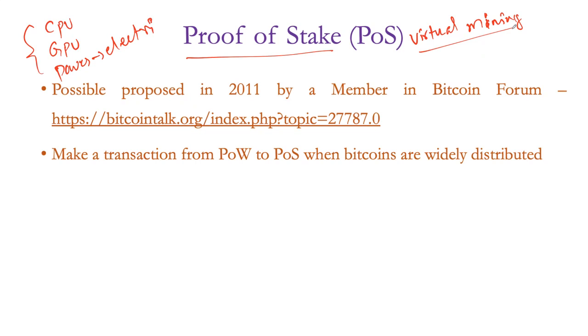So this is another type of mining puzzle like your proof of work that has been proposed as an alternative to the traditional proof of work scheme in 2011 by a member in the Bitcoin forum, and they make a transition from proof of work to proof of stake when bitcoins are widely distributed.